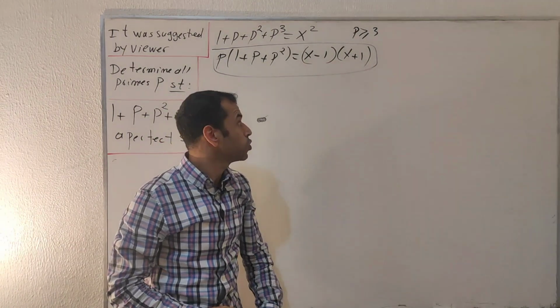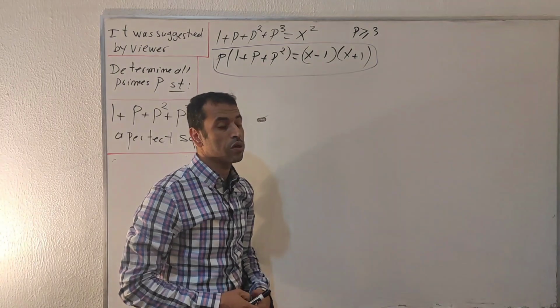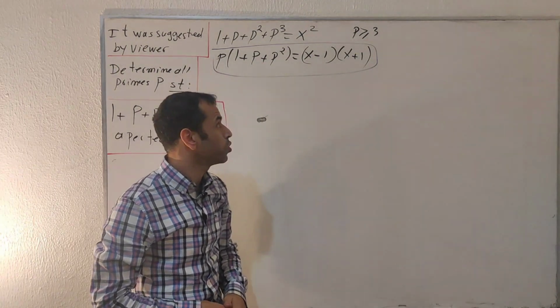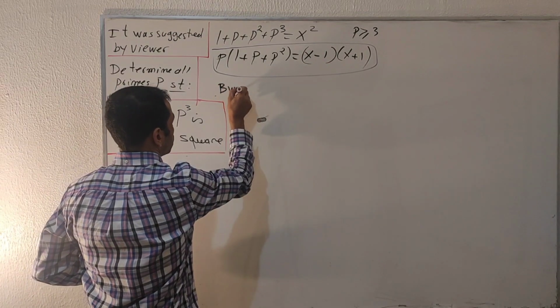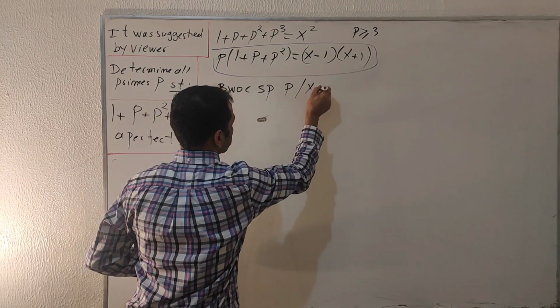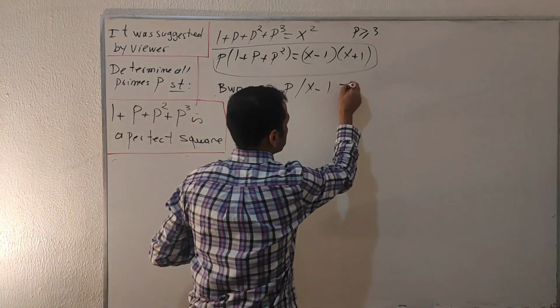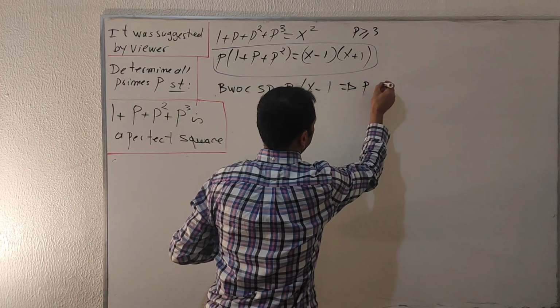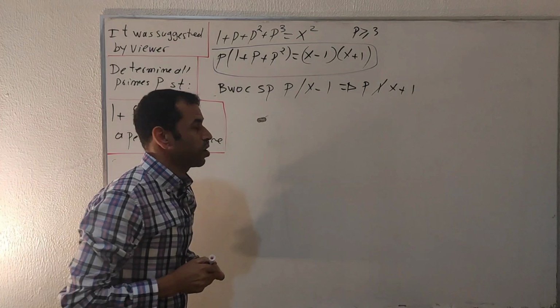So we must go through two cases, or we are going to force one of those out in order to continue. So by way of contradiction, suppose p divides x minus 1. Then p does not divide x plus 1.